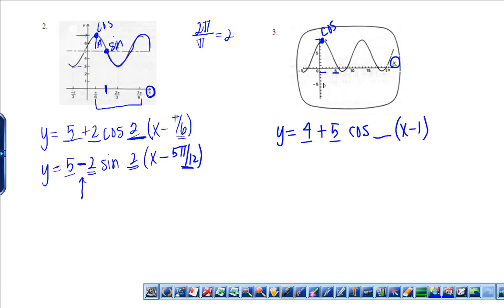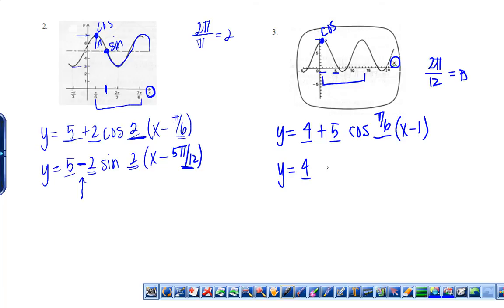So now I need to find my cycle. How about, that is a value of 12. So this is going to be 2 pi over 12. That's your b. So that reduces to pi over 6. Let's try sine.